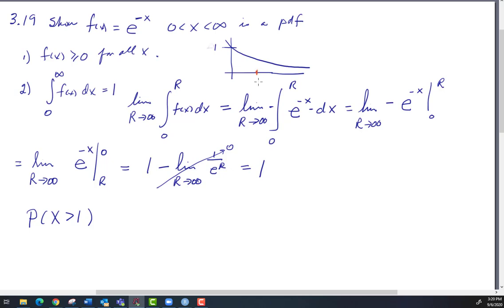If this was 1, then this area all the way to infinity would be the probability that x is greater than 1. And we could calculate that as an improper integral. That's an improper integral of the first kind, I believe.